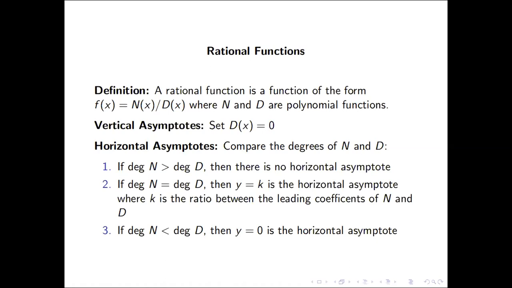Last case is where we have the degree of the numerator less than the degree of the denominator. If this is so, then there's always the same horizontal asymptote no matter what those polynomials are. The x-axis, whose equation is y equals 0, is always the horizontal asymptote.